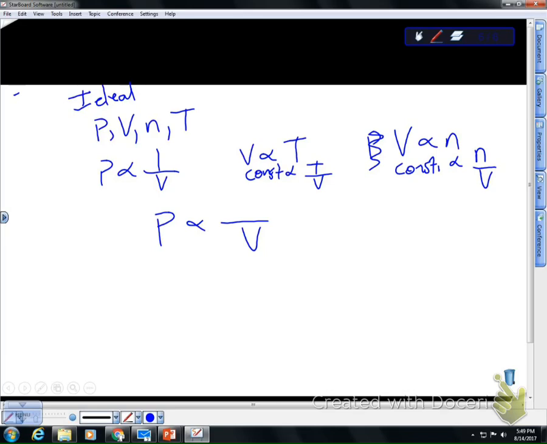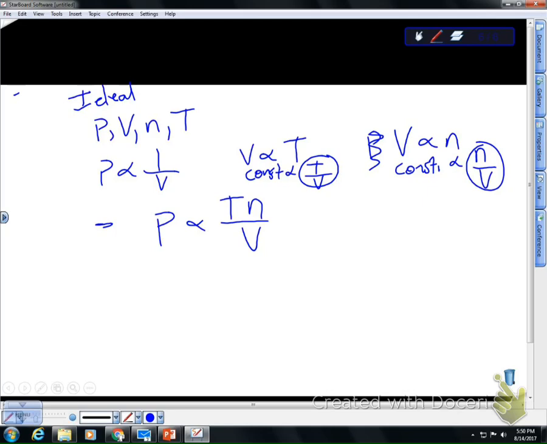Now, once we've done that, I see that I have expressions for relationships between V and the other variables. So if I go back to my Boyle's law here, let's combine some expressions for V and T. I see that T is always over V because they're direct, and so is N. So this is very similar to the combined gas law in that I've combined at least 3 of the other gas laws, but this time all 4 variables are involved.